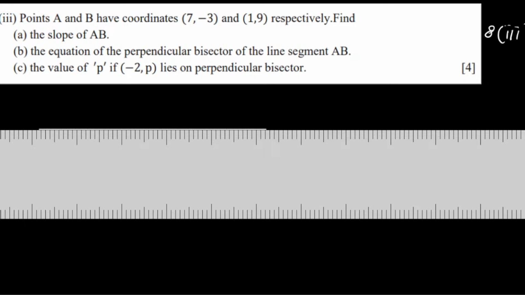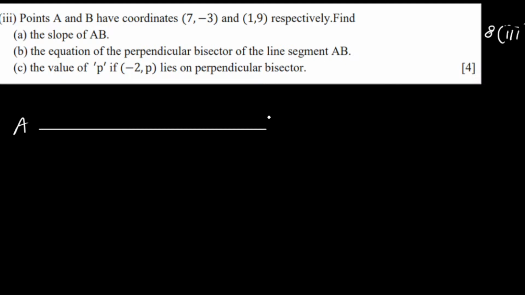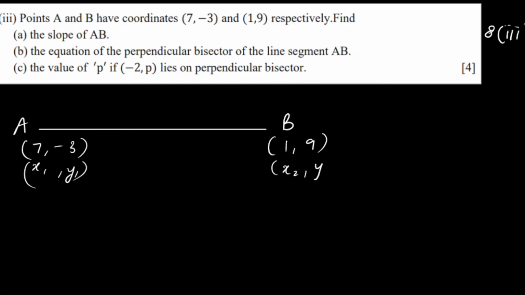So I'm drawing one line segment AB. A's coordinates are 7, minus 3 and B's coordinates are 1, 9. So A I'll write as x1, y1 and B's coordinates we can write as x2, y2.